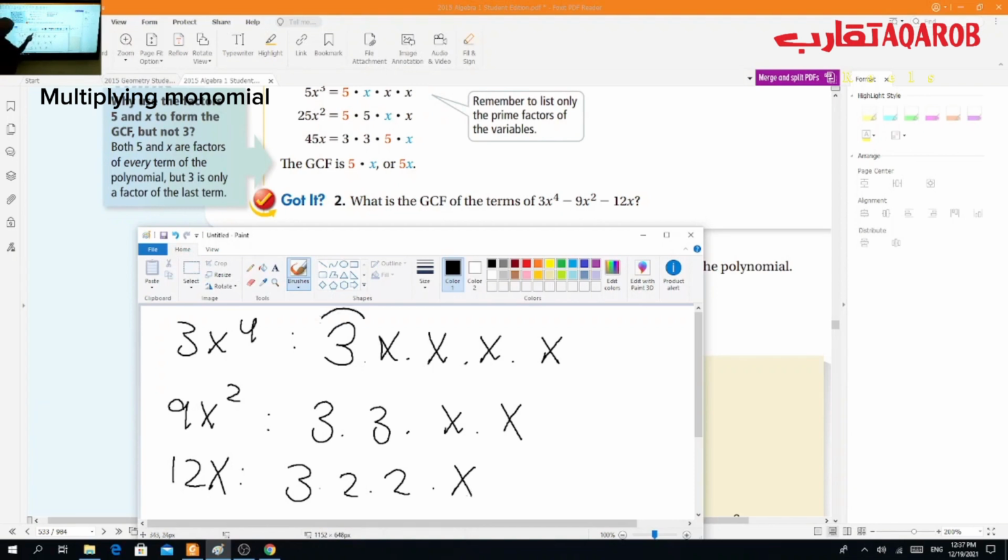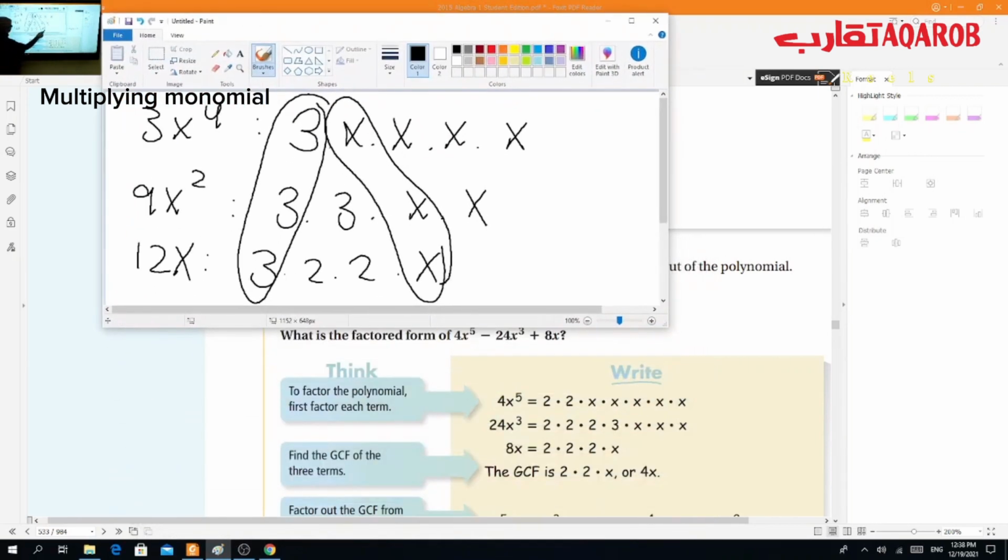I have number 3 in all of them, it's common, and there is x, which is common between the three terms, and I have only one x in common. So I will multiply 3 times x. As you can see here, the greatest common factor will equal 3x.